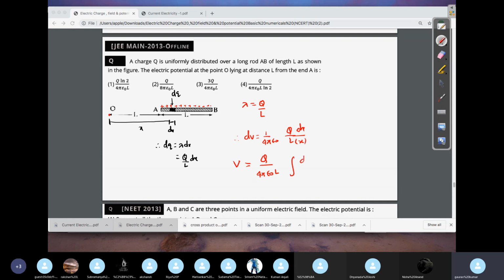You will integrate dx by x. From where to where? The lower limit is L and the upper limit will be 2L.